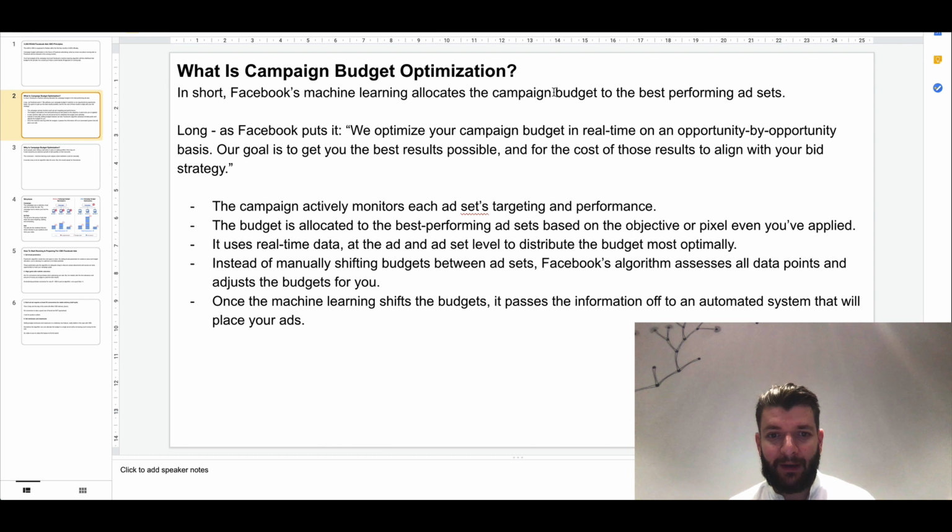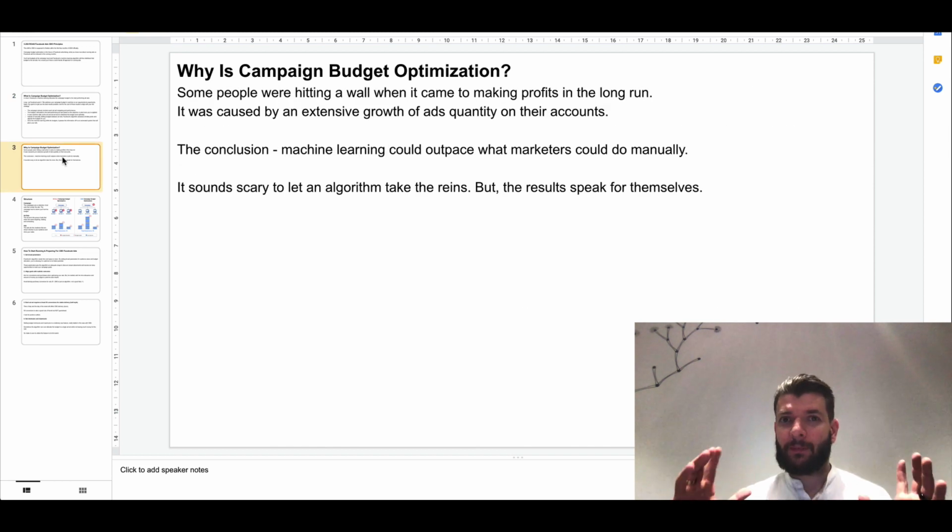Instead of manually shifting budget between ad sets, the Facebook algorithm assesses all of these data points and adjusts the budgets for you, putting different budgets into different assets. Most people optimize their campaigns by allocating small budgets for many assets, like $5-10 assets.